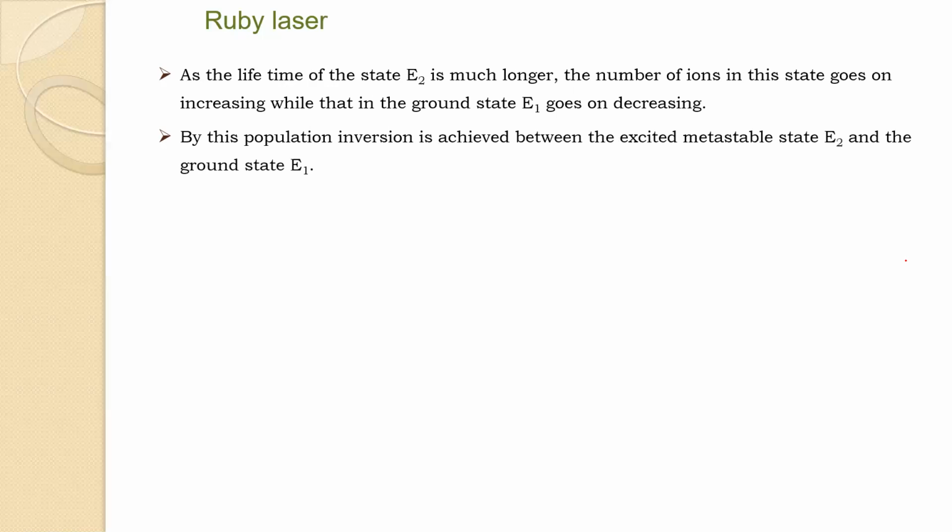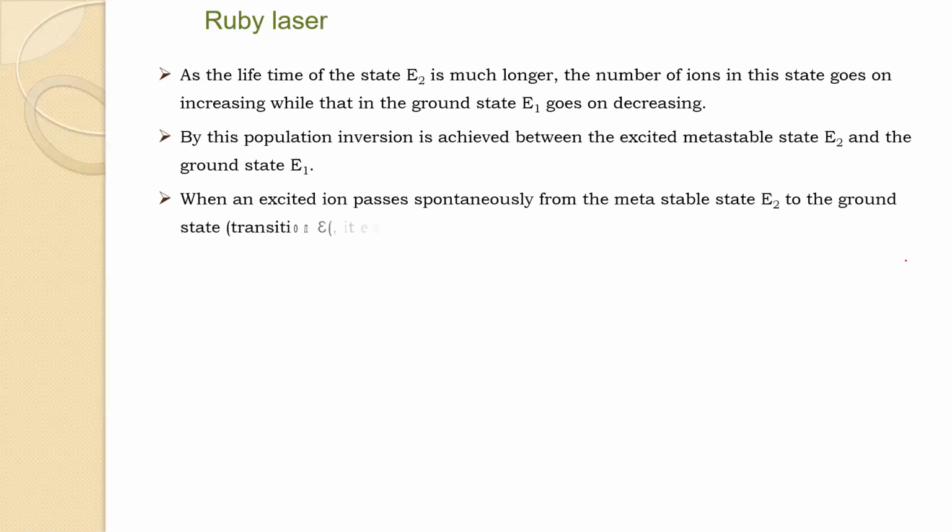So population inversion is achieved. When an excited ion passes spontaneously from the metastable state E2 to the ground state, it emits a photon of wavelength 694.3 nanometer.